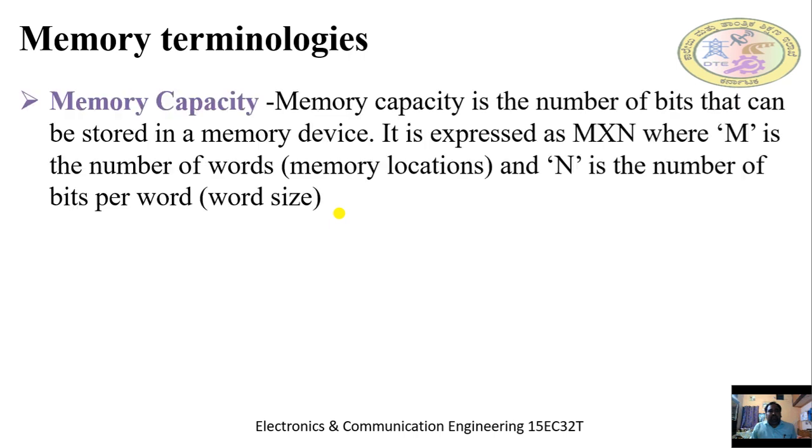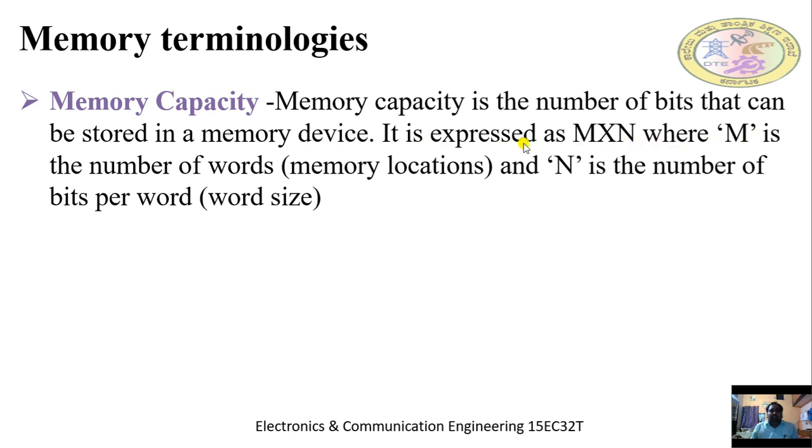Next one is the memory capacity. So memory capacity is the number of bits that can be stored in the memory device. It will tell the capacity, how many bits a memory can accommodate. It is expressed as m cross n. It is very similar to your matrix where m represents the rows and n represents the columns.